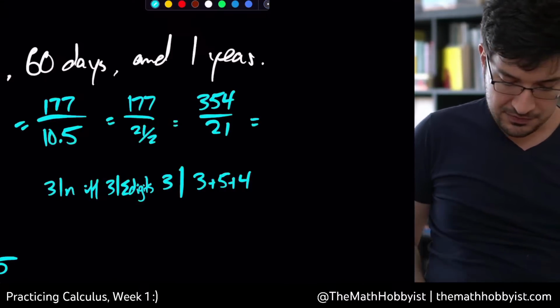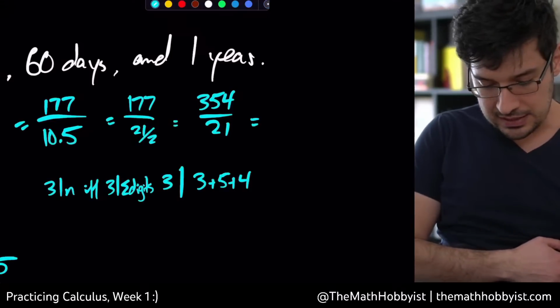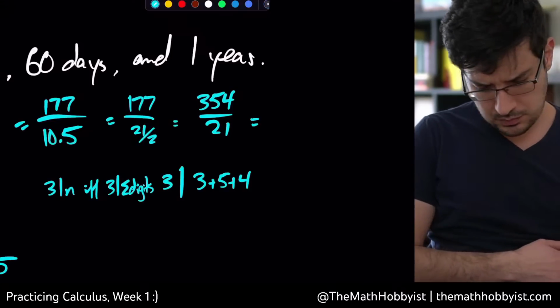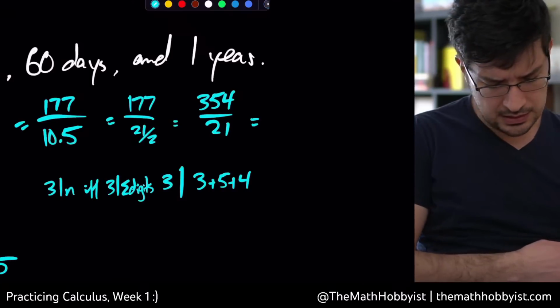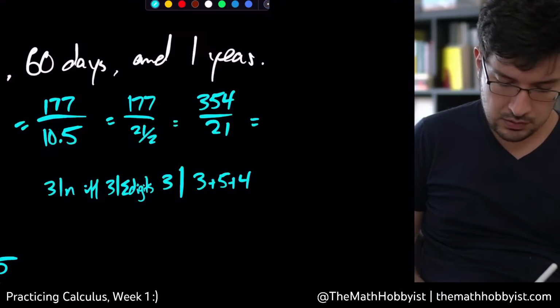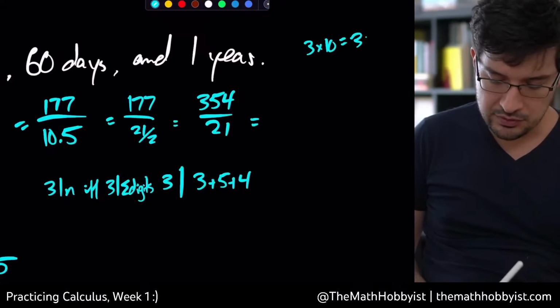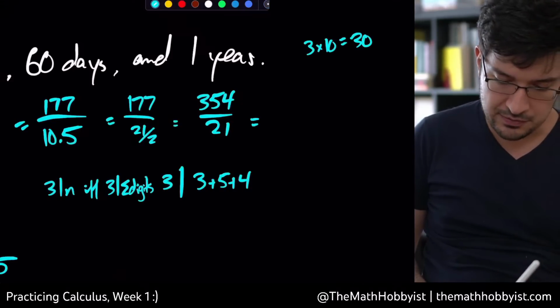What is 54 divided by 3? I think that's 17. Oh, wait, no. 18. Because, well, 3 times 10 is 30, so that's pretty close to 54.